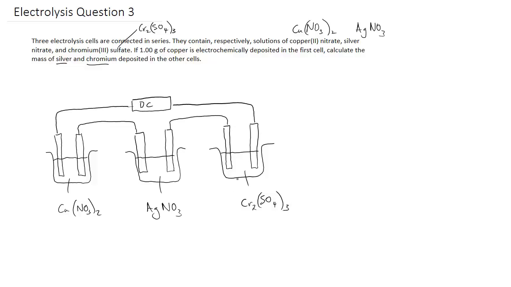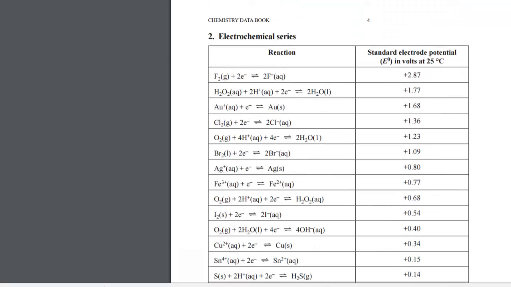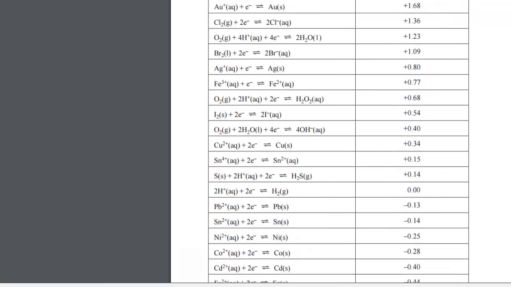Now let's have a look at what's going on in terms of the reactions. I'll just find the data book. Okay, if I can just show you a screenshot of this. Let's have a look at where each of the chemicals are. So we had copper, we had silver.